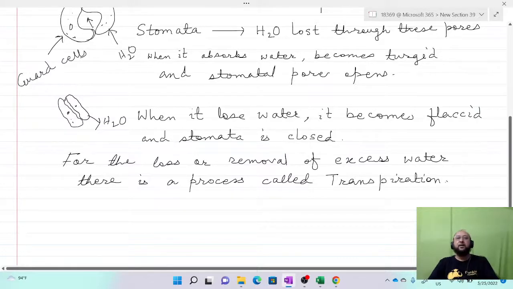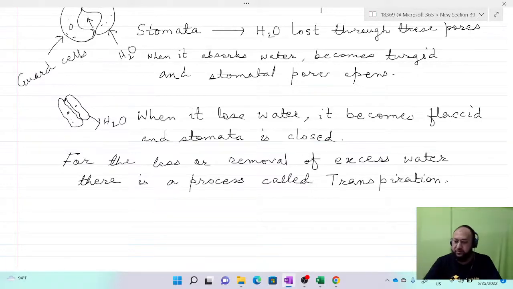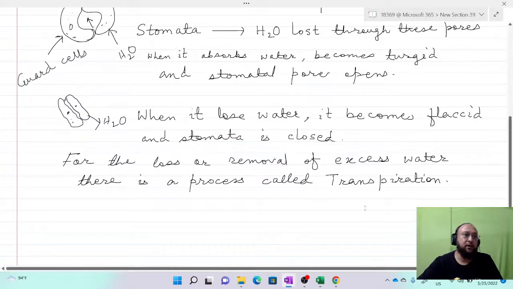Okay, so with the help of transpiration, the excess water is lost.